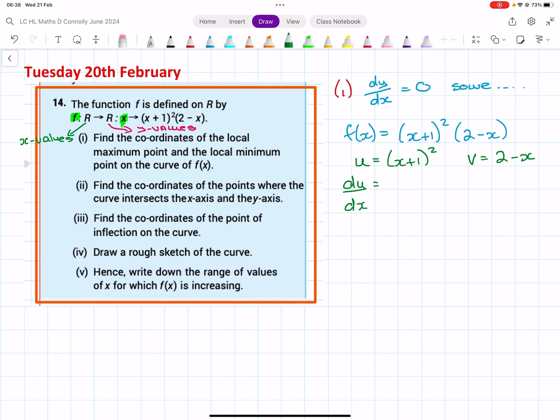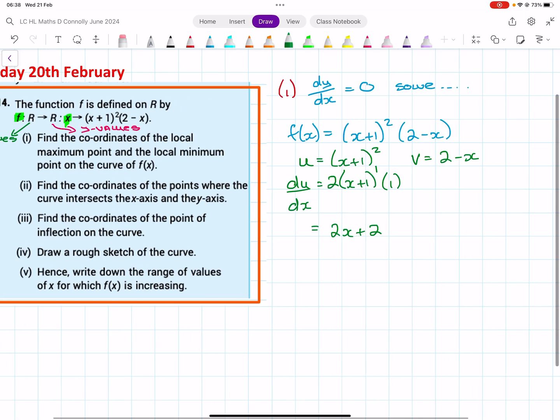So we bring the 2 down, leave the bracket as it is, reduce the power by 1, and then multiply by the derivative of the bracket, which just becomes 2x plus 2. And then this side is just minus 1.